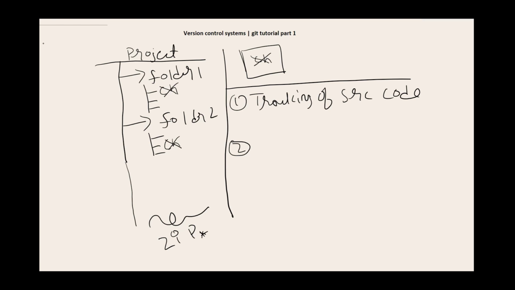Let's say there are two tasks: one task you will be solving, another task your friend will be solving. Let's suppose those two tasks are independent of each other, so you both can work on them. After working on it, your end project requires the functionality of both tasks in the end application.